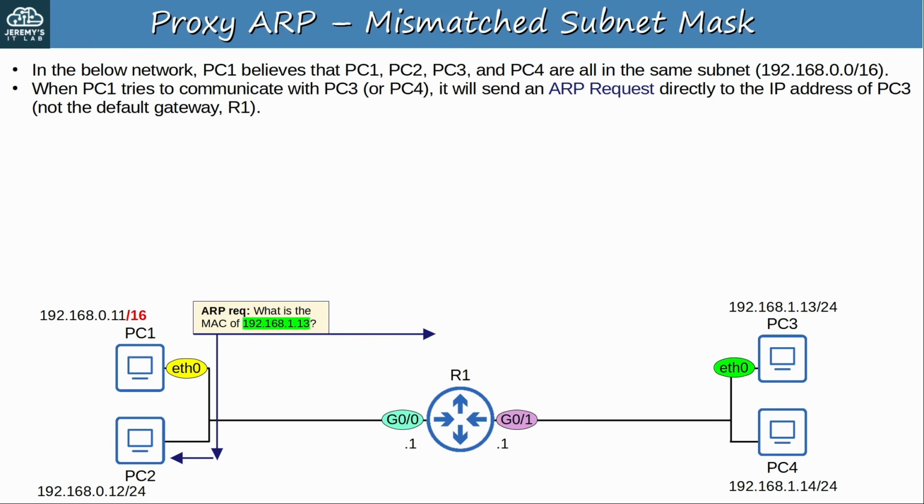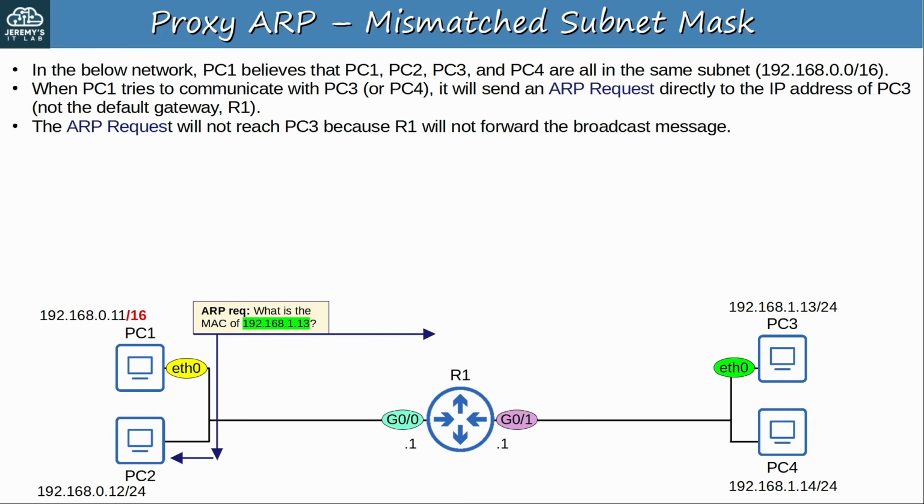When PC1 tries to communicate with PC3, it will send an ARP request directly to the IP address of PC3, not the default gateway R1. The same applies if it's trying to communicate with PC4 or any other device in the 192.168.1.0/24 subnet. But the ARP request will not reach PC3 because R1 will not forward the broadcast message. It's not a switch. It doesn't flood broadcast messages out of other interfaces.